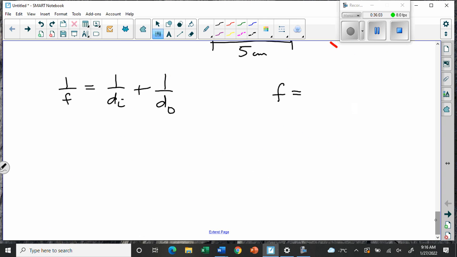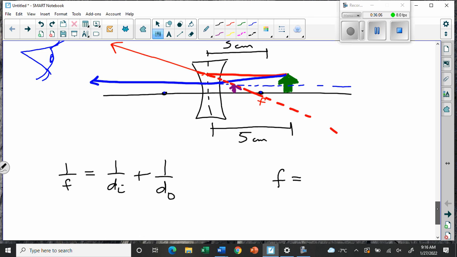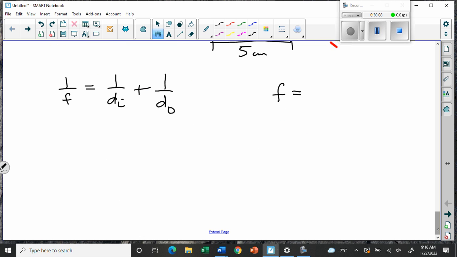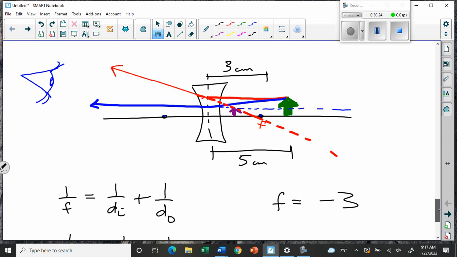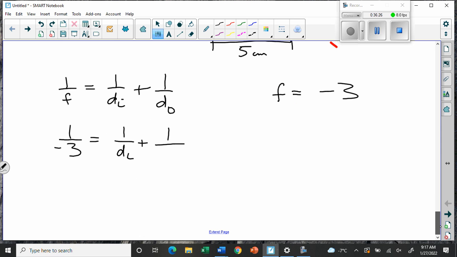So that number 3 for the focus is going to be a negative 3 for this lens. So let's put 1 over negative 3 and see what happens to our di. Of course, our do is always a positive number, and I think, what was it? Let's go back, 5, right? Let's check. Yes, the object was 5. Because it's always in the real world, so to speak.